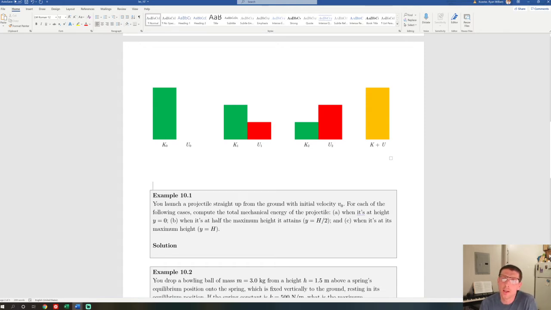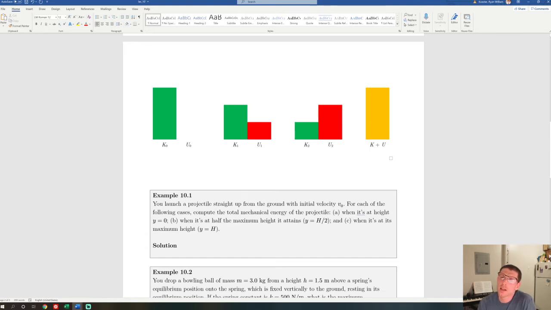So what we would find is that maybe for some reason the kinetic energy of the object decreases, but then the potential energy has to correspondingly increase. And I made this so that when you add the height of one of these columns to the other column, right, so if I add, say, K1 and U1, the height should be the same for all three of these arbitrary cases that I've come up with, right?